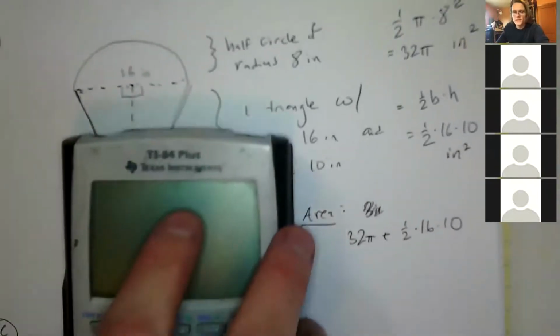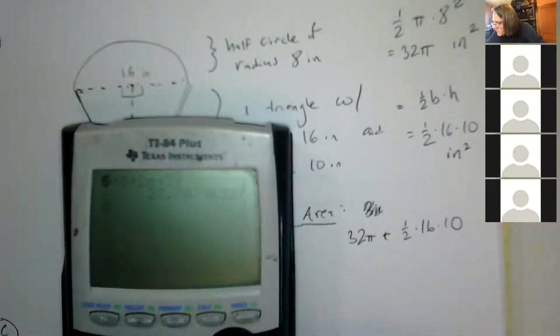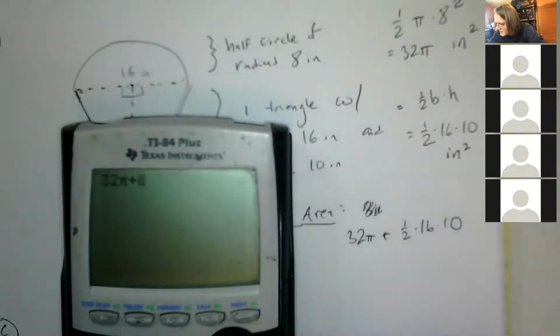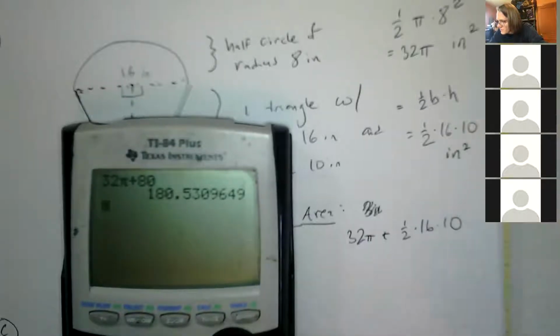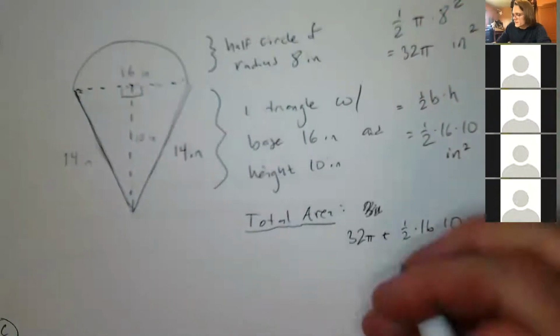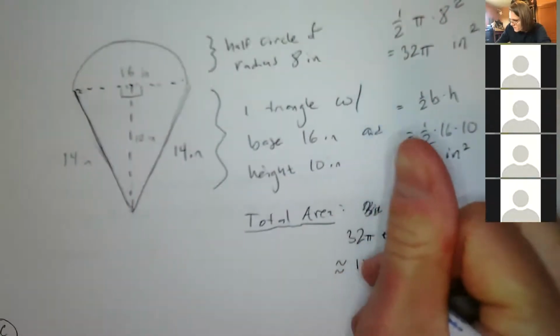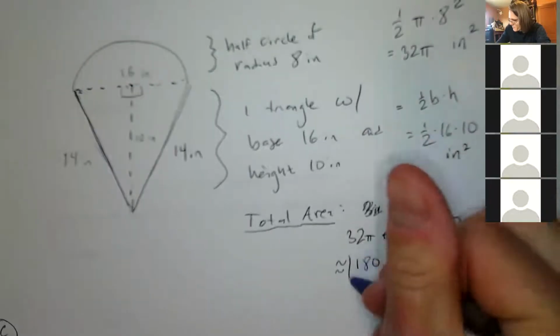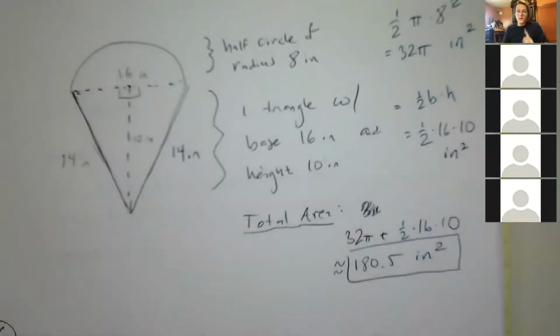Right. And of course, we can get a nice decimal approximation. 32 pi plus, what is this? This is 8 times 10 is 80. So it's about 180.5. And again, inches squared. All right, so it's quite a large ice cream cone.